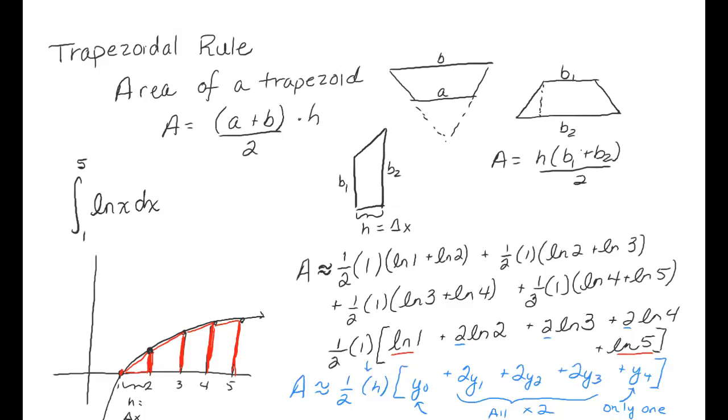Let's see. So I get log of 1 plus 2 times log of 2 plus 2 times log of 3, 2 times log of 4, plus the log of 5.